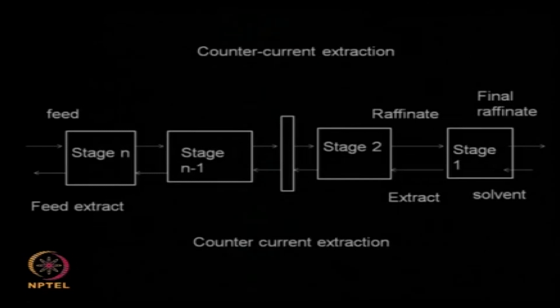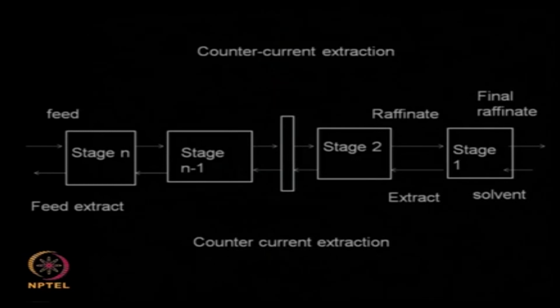Contrary to co-current, this is a counter current system. So what is happening here, the feed is entering from the left, going all the way down to stage n, and both streams are moving counter current to each other.